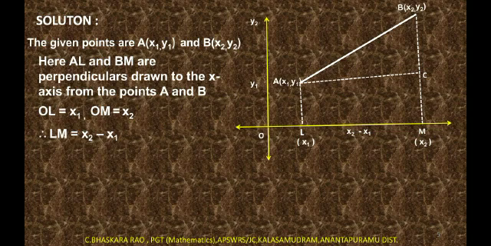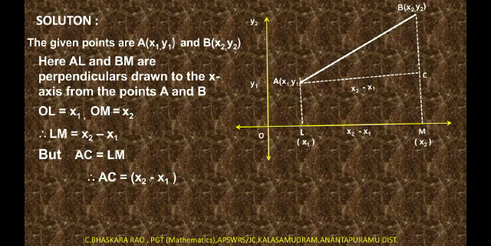In a rectangle, opposite sides are equal, so AC is equal to LM. Already we proved LM is x2 minus x1. Then AC is also x2 minus x1. You write it: AC is also x2 minus x1.